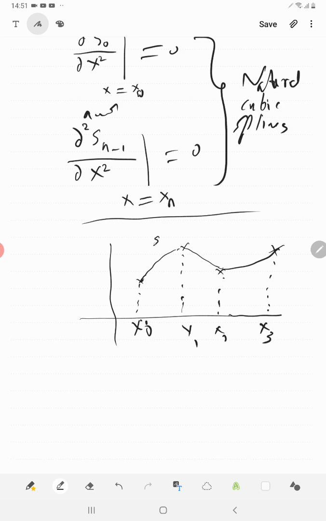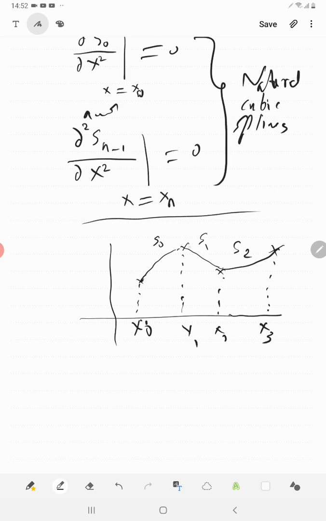Here is S0, here is S1, here is S2. We have 4 points, so the last index is 4 minus 1, which is 3, so we have 3 segments, S0, S1, S2, because remember that we start at 0, not at 1.